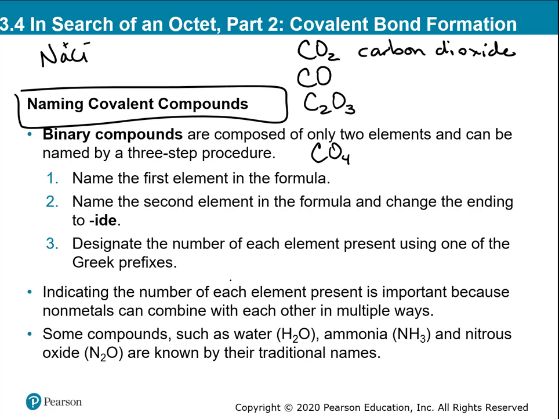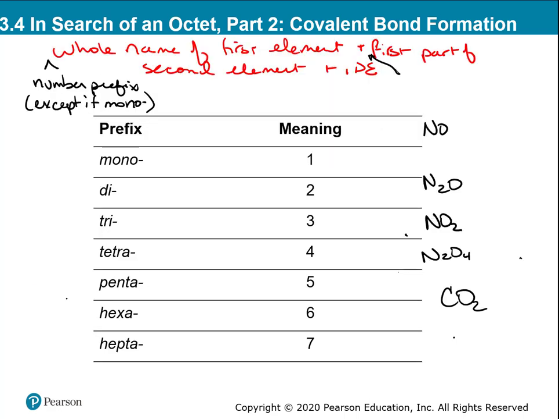So because of this, they said we're going to have to write how many of each atom is present. So we use these Greek number prefixes. So here they are. If the second element has only 1 in the formula, you use the term mono.